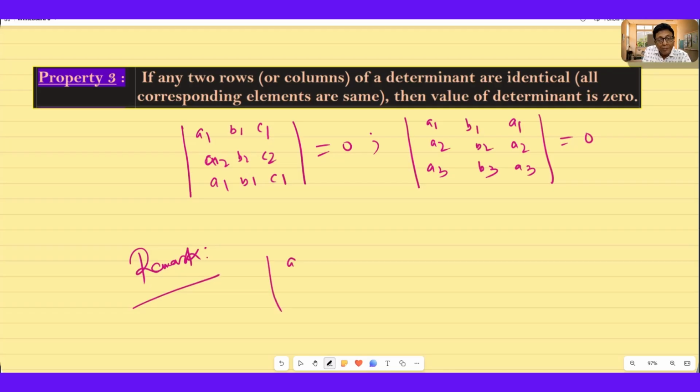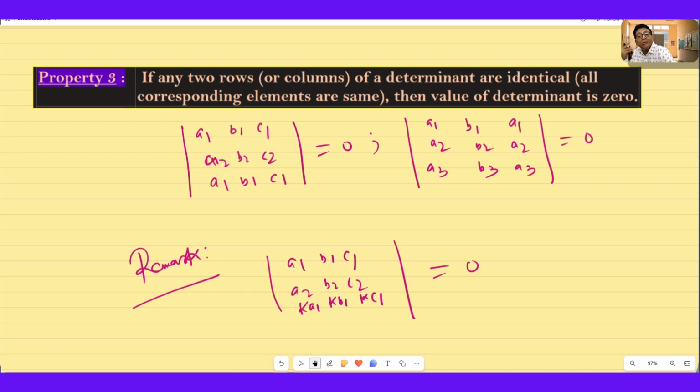Now, if it happens, another remark with the help of property 4. If we have A1, B1, C1, A2, B2, C2, KA1, KB1, KC1, the third row, then also the value will be 0. Why? Because you can take K common. Now these two rows become identical.